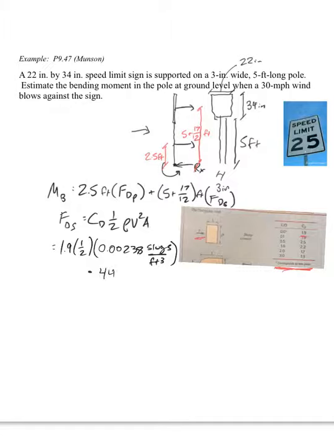I've already converted the miles per hour into feet per second: 30 mph equals 44 feet per second.